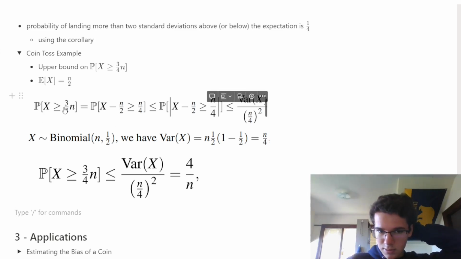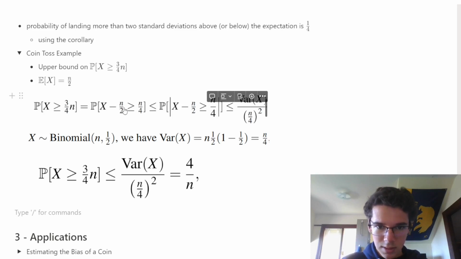So this is saying the same thing as this. We want to know if the probability is greater than or equal to 3 over 4 times n. This is that the random variable offset by n over 2 is greater than or equal to n over 4.